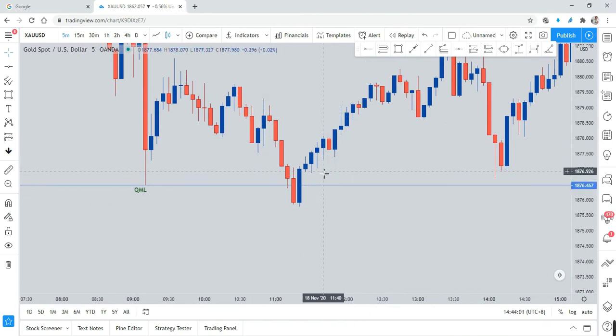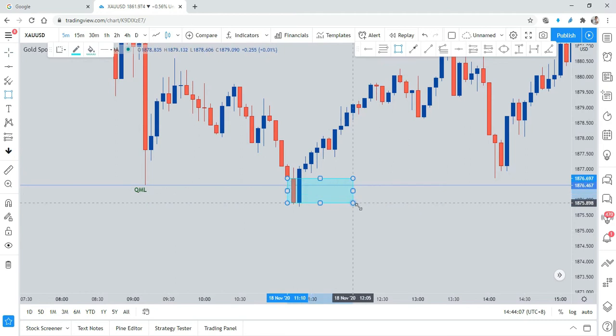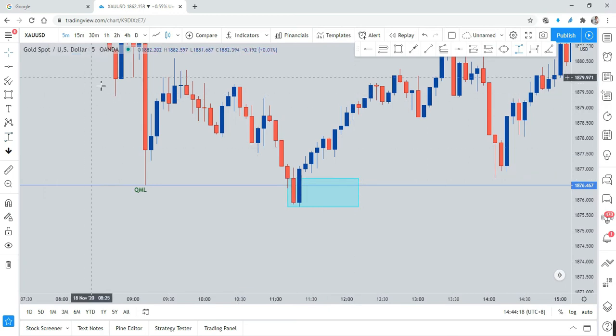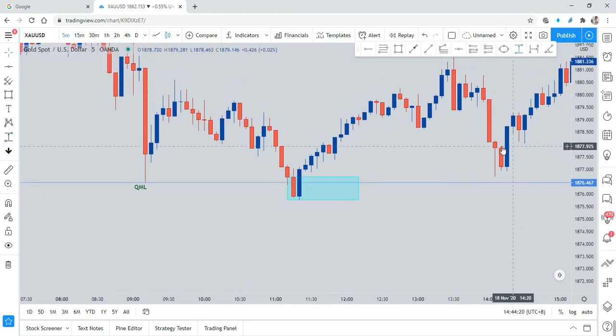I saw a fresh demand, and the stop loss is not really that big. This is my demand zone, and the stop loss is around 9 pips to 10 pips. For 5 minutes, that is very good.